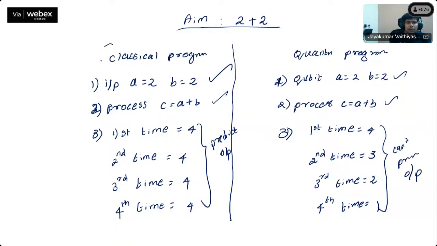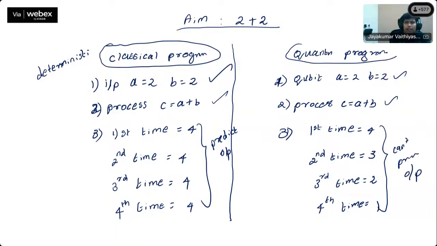Because classical programming is entirely based upon deterministic nature, while quantum programming is entirely based upon probabilistic nature. This is the key point. In classical, each and every time you know what your system will generate. But in quantum, each time it will generate a random output.